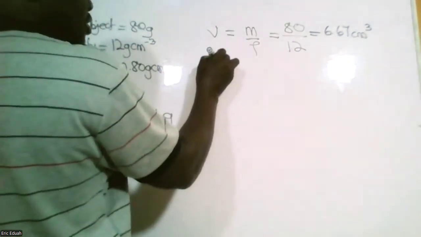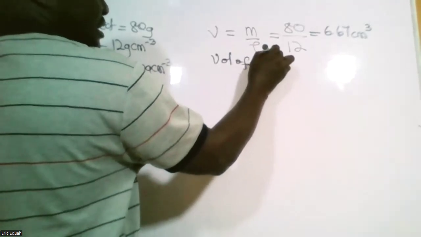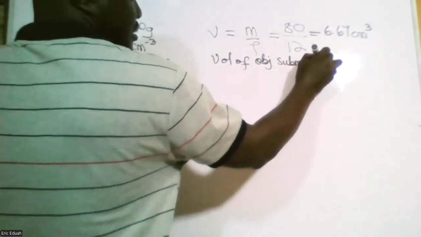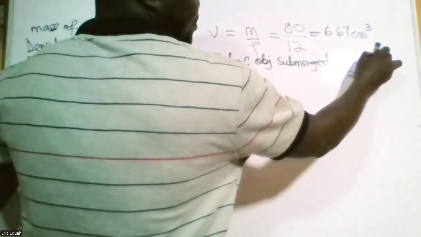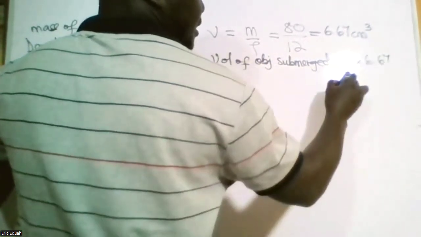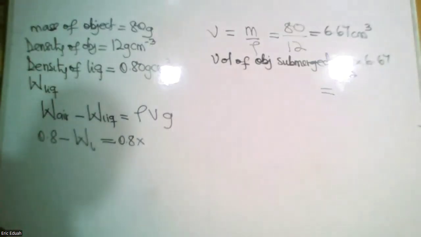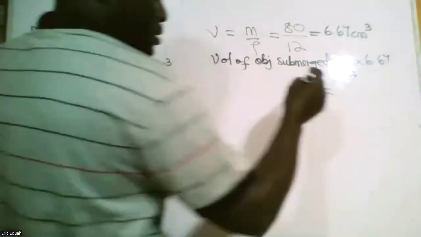So volume of object submerged would be half of 6.67. Half of this volume will be equal to 3.33.